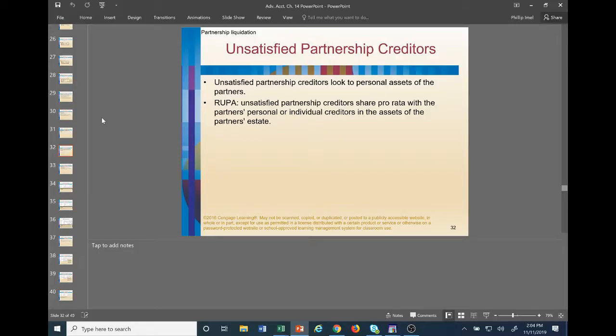Now, under Section 807 of the current RUPA, unsatisfied partnership creditors share pro rata with the partner's personal and individual creditors in the assets of the partner's estates. Therefore, the priorities under the dual priority rule have been eliminated and are now in conformity with current bankruptcy laws.